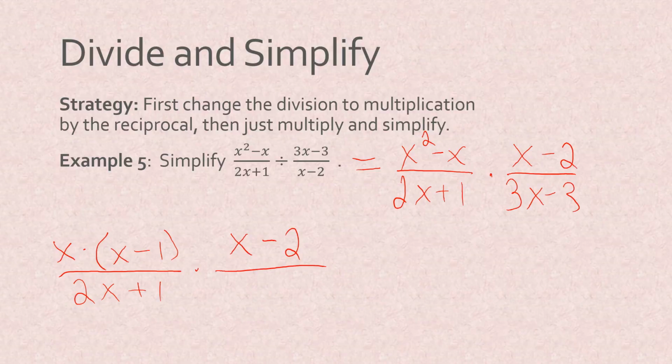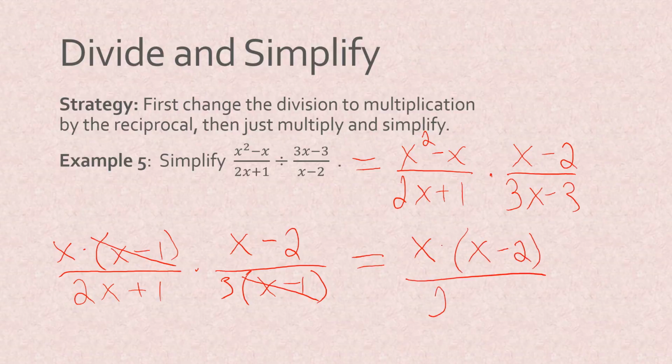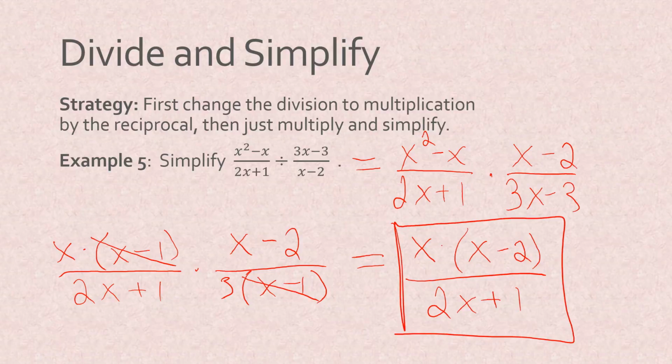And down below, you should notice that there is a GCF of 3 in that second denominator, giving us that those x minus 1's cancel, and nothing else is going to cancel. Everything is a linear factor with variables. Producing for us the simplified version of x times x minus 2 over 2x plus 1.